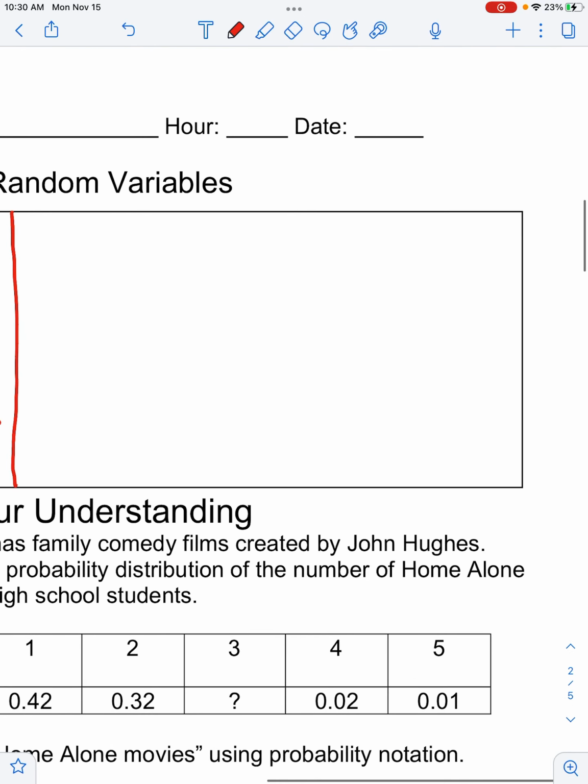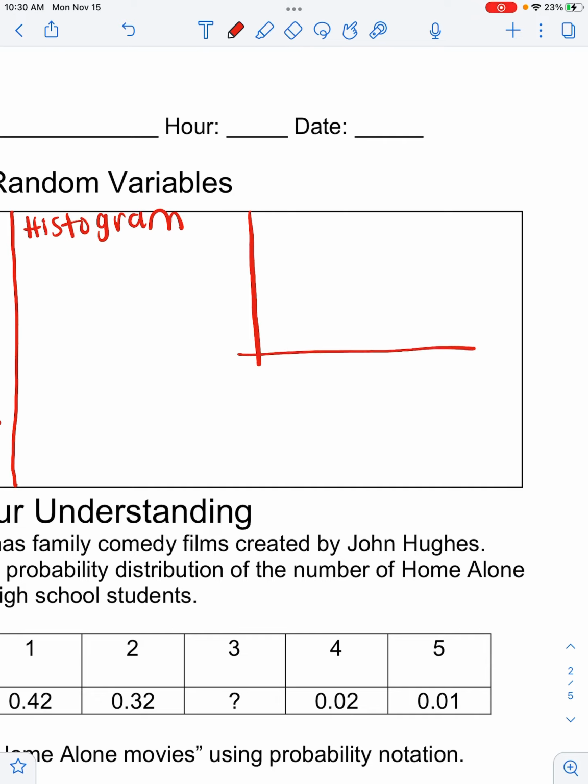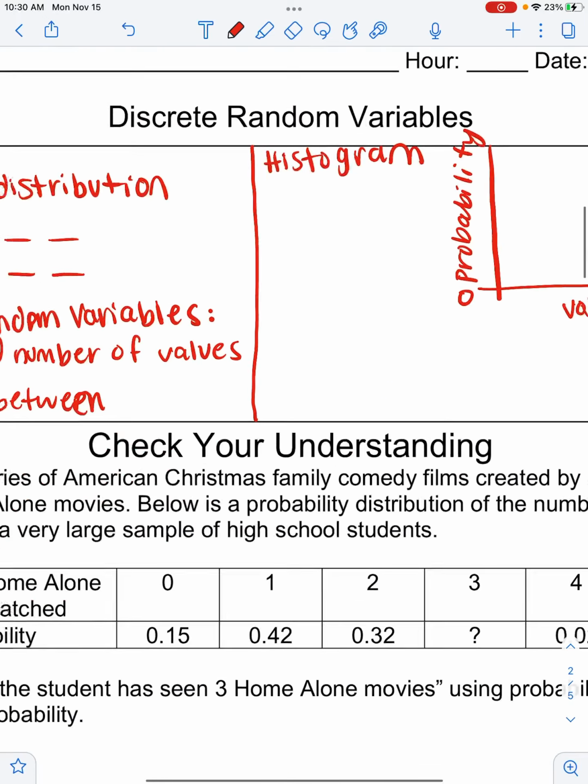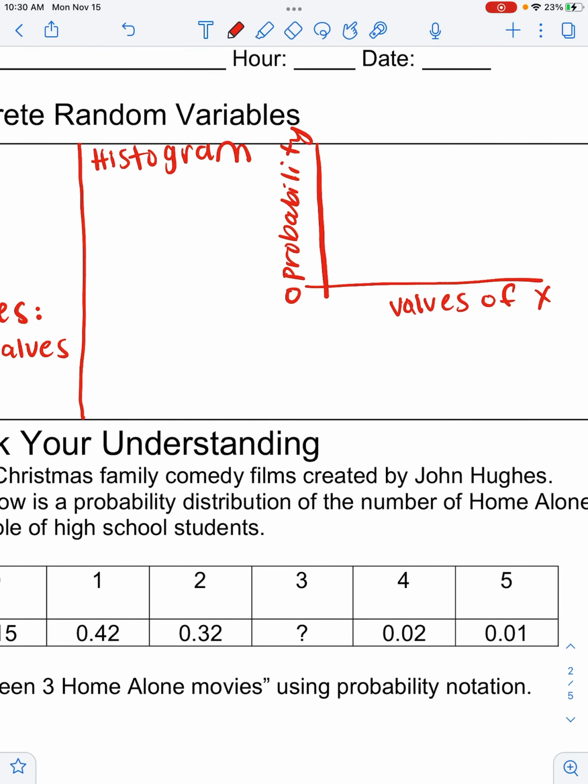All right, learning target number 2 is about a histogram. So for the histogram right here, remember our vertical axis is probability. We want to make sure we start at 0, and then the horizontal are the values of x. And the last thing is the mean or the expected value.